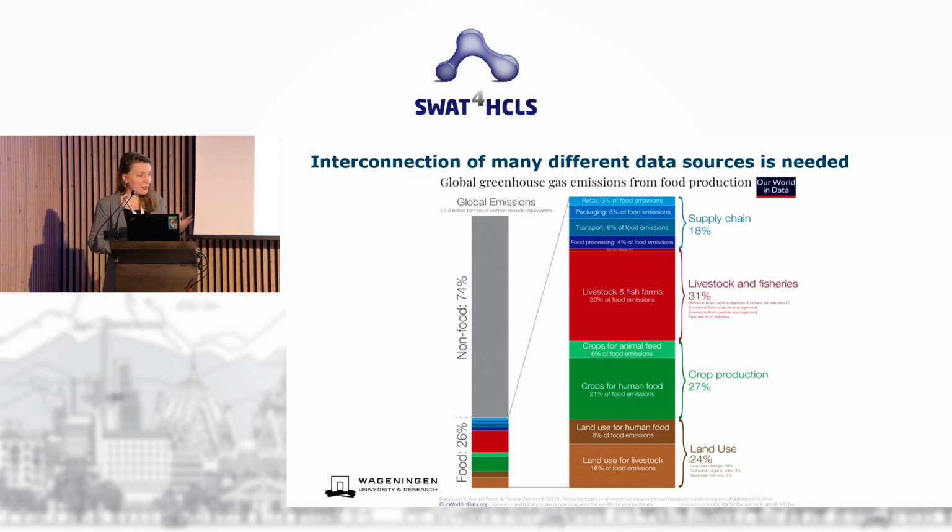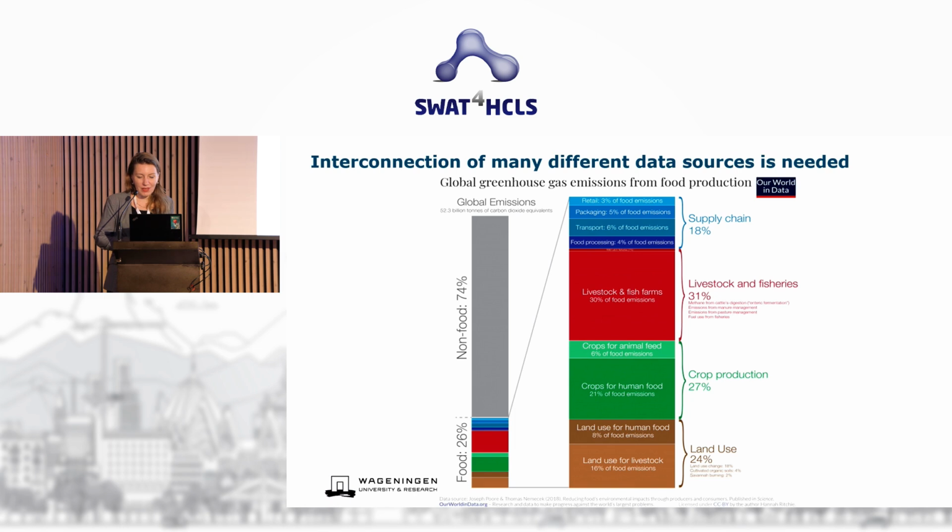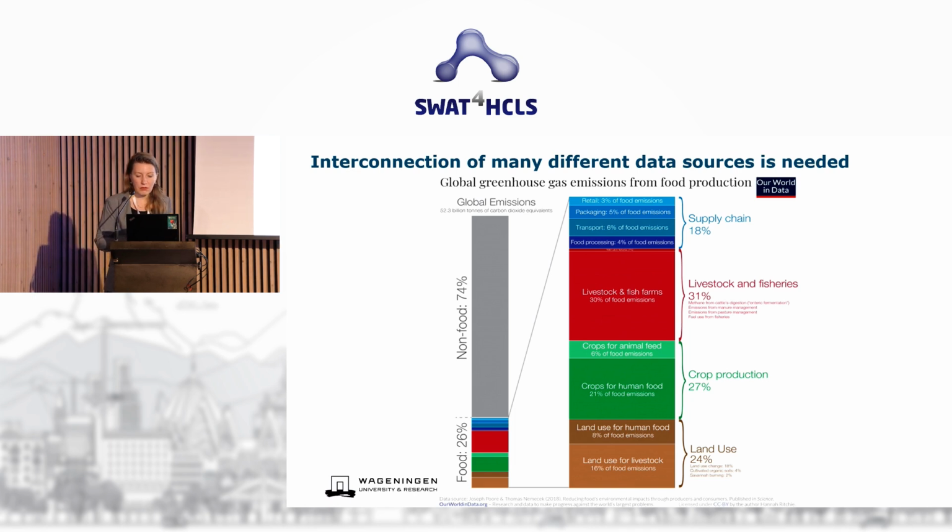For example, if you take food, there are so many components related to greenhouse emissions generated by food. But again, some of the things are interdependent. For example, you can maybe make packaging lightweight, but then food safety will suffer. So there are many things that are interrelated.